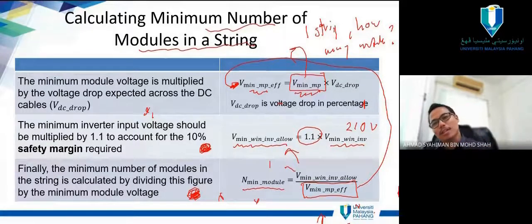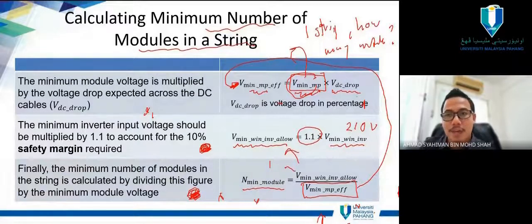Kita kena settlekan modul dulu, and then all the three calculations, all the three values, after that we're going to proceed to the inverter part. So inverter part ni, after we get the allowable window voltage tu, we need to calculate the minimum number of modules. That requires the value of Vmin MP. But there's another one. We call that VDC drop. This is the same as the PV inverter tu, macam highway punya voltage drop lah. It's considered voltage drop.